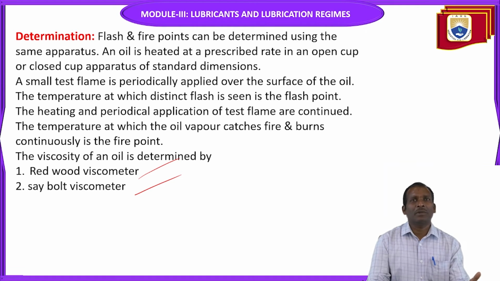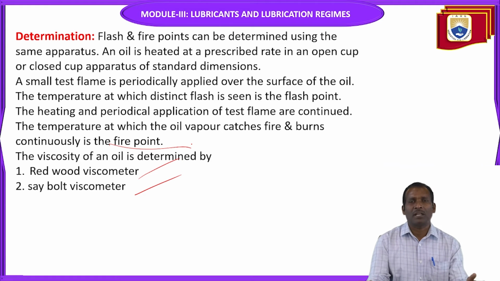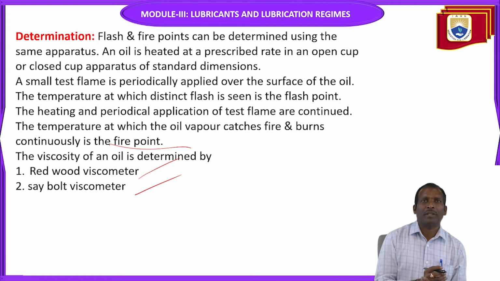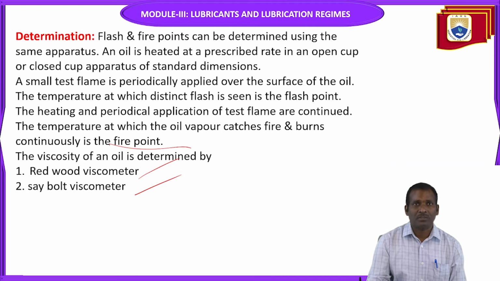The heating and periodical application of test flame are continued. The temperature at which the oil vapor catches fire and burns continuously is the fire point. We already studied this fire point and flash point in the previous slide. The viscosity of oil is determined by using these two apparatus: the Redwood viscometer and the Saybolt viscometer.